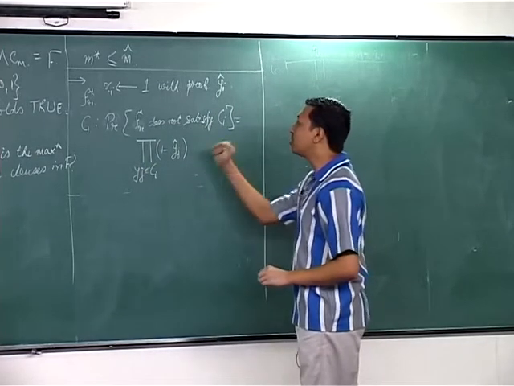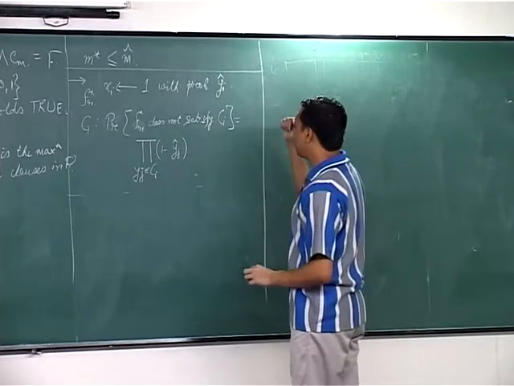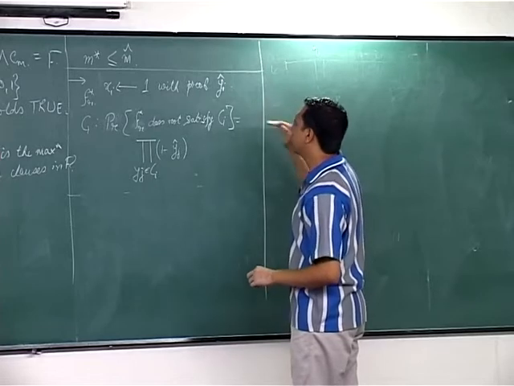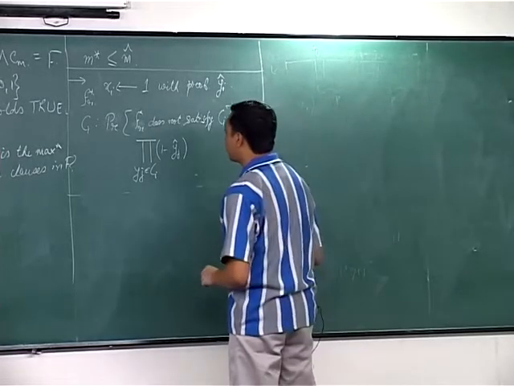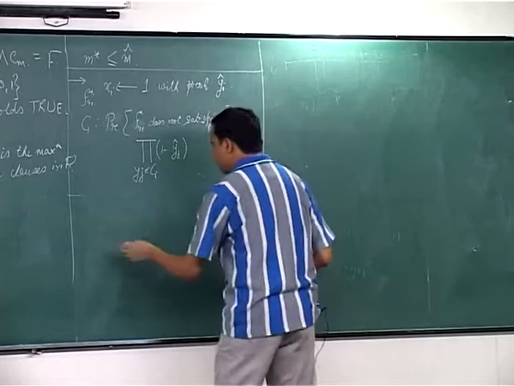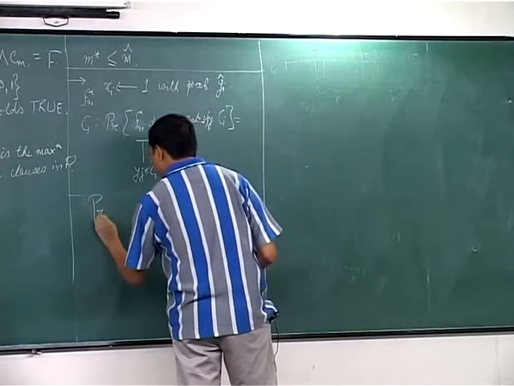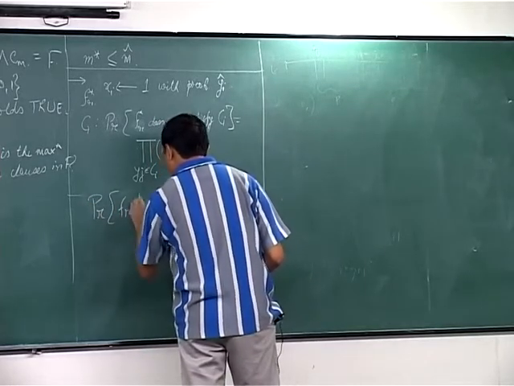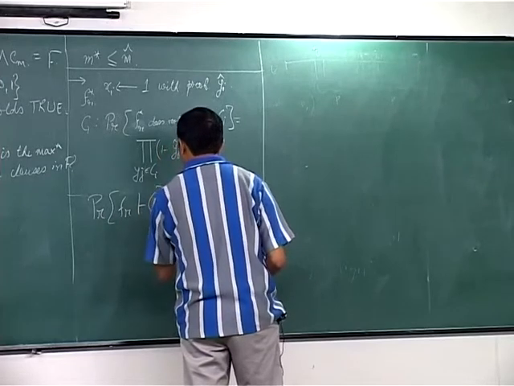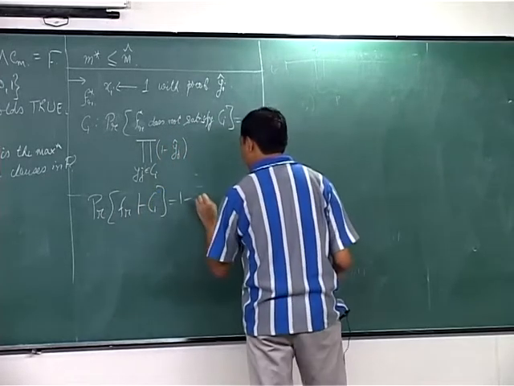This is the probability with which everything goes wrong, so your clause is not satisfied. So the probability with which it is satisfied is something like this.